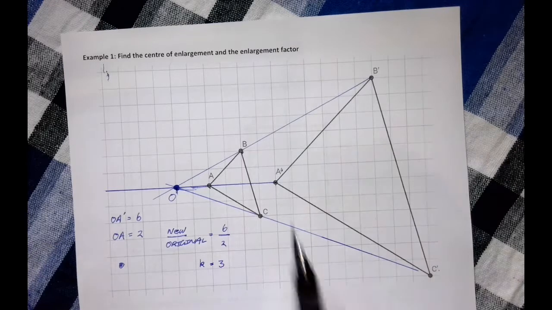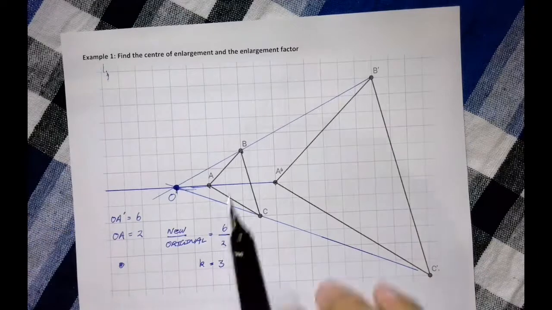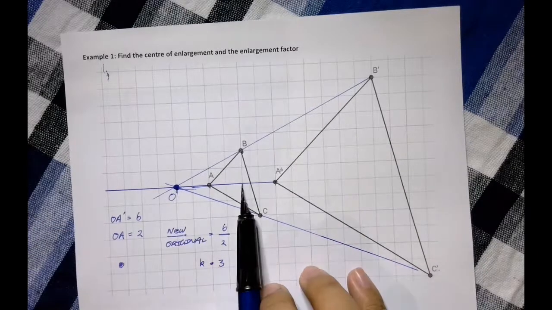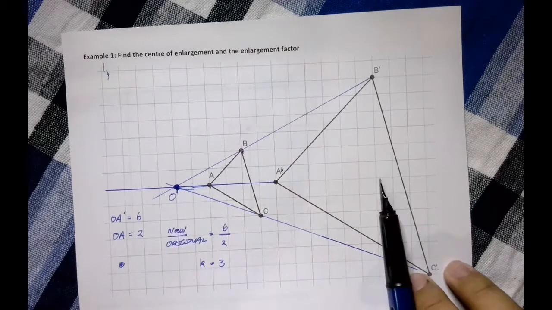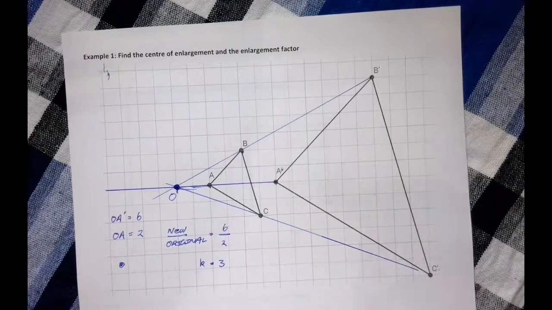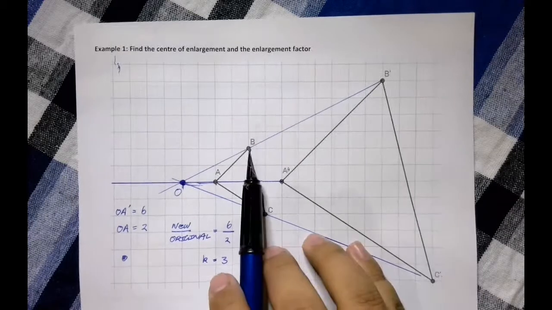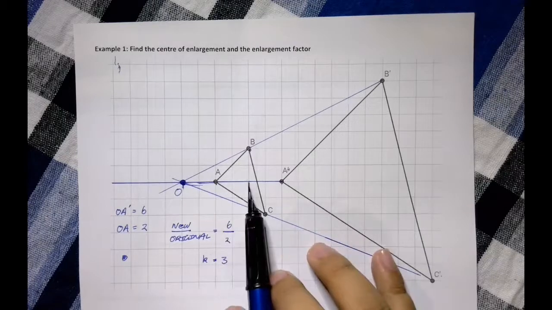You can test this out using all the points. So for example, you can count the distance from O to B, and then from O to B dash. We'll do it in this one just so you can see more examples of this. Let's count the distance from O to B here.